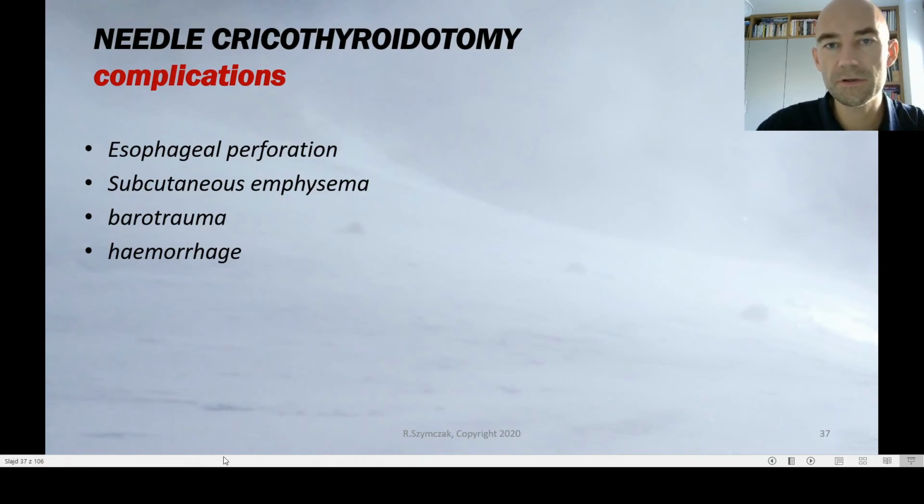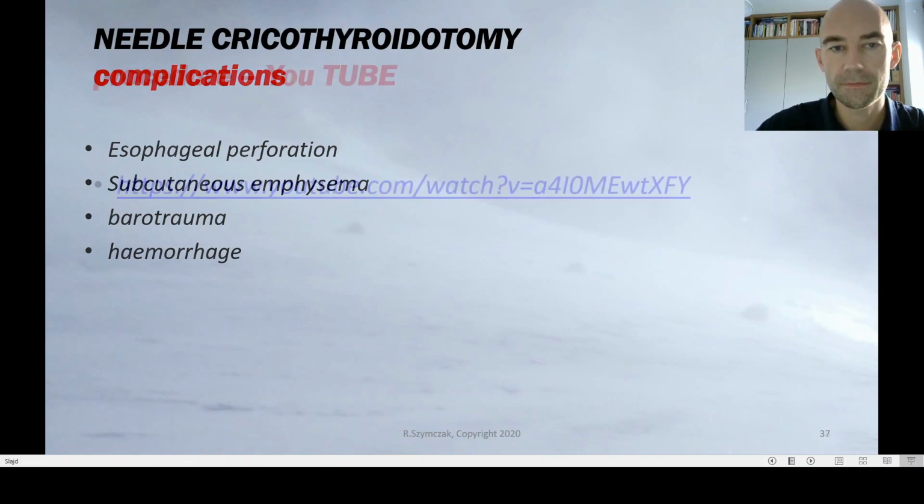So it's very important to keep all the time the catheter in place, not to remove it. Barotrauma, as I told you before, so be careful about it, and hemorrhage might be also the complication of needle cricothyroidotomy.